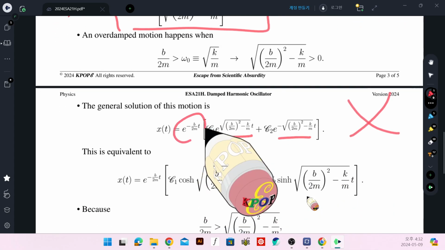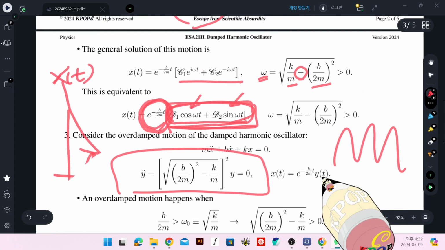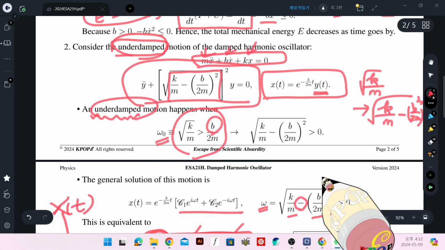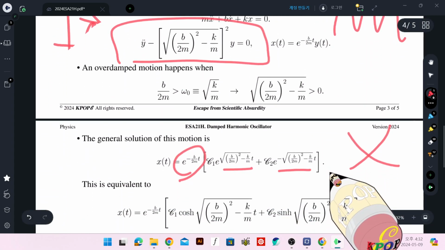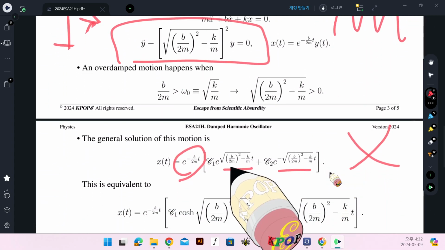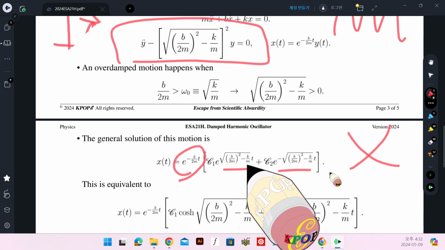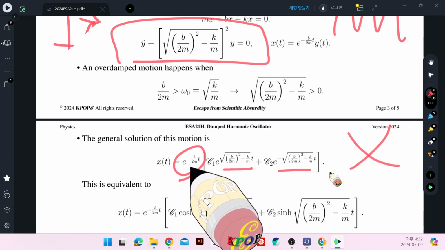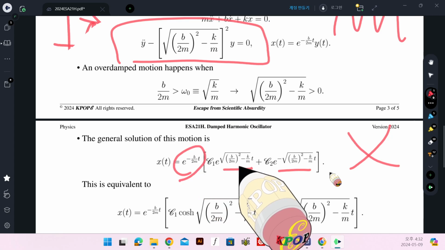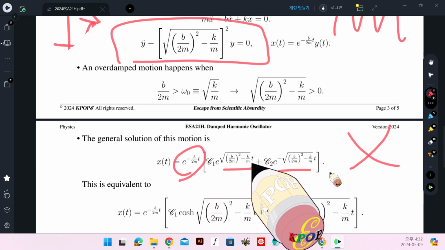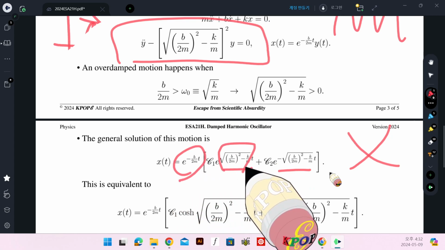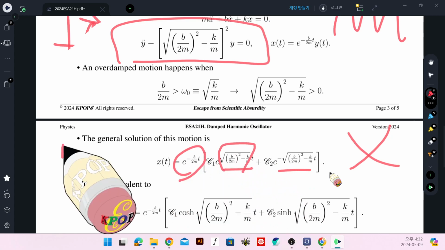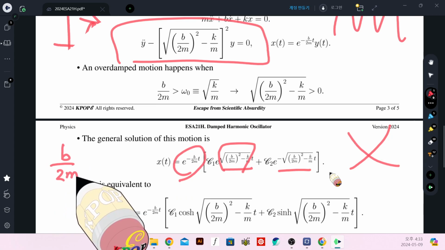We have an additional overall factor that is identical to this. We compare this exponential factor and this. We know k and m are positive, so this value is slightly smaller than b over 2m.